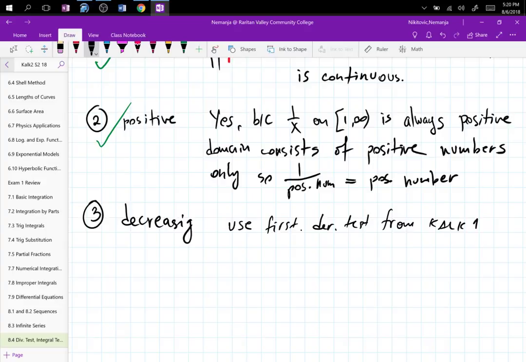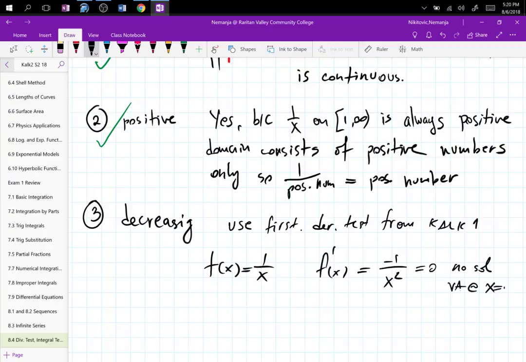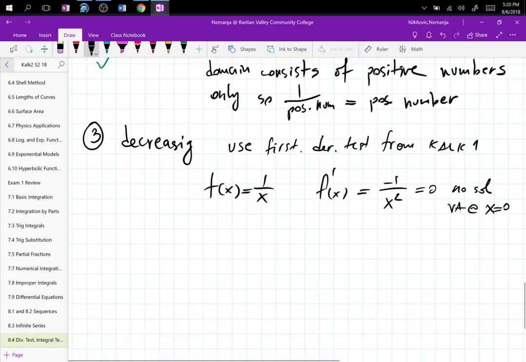You have the function f of x, which is 1 over x. Then you take its derivative. It becomes negative 1 over x squared. You set this equal to 0. You get no solution, right? But you also know that there is a vertical asymptote at x equals 0, which stays preserved.